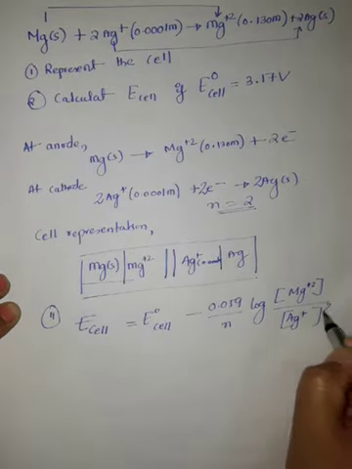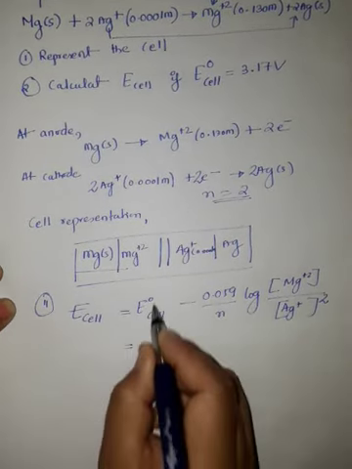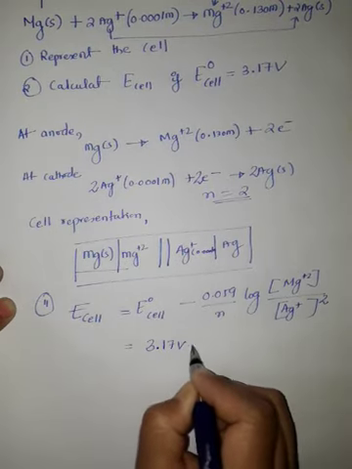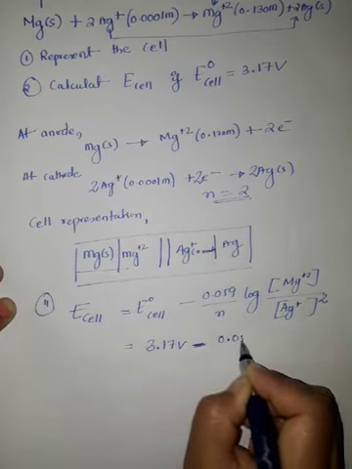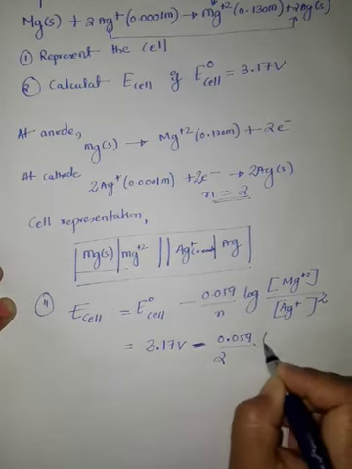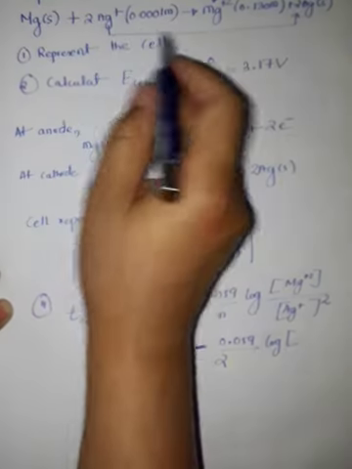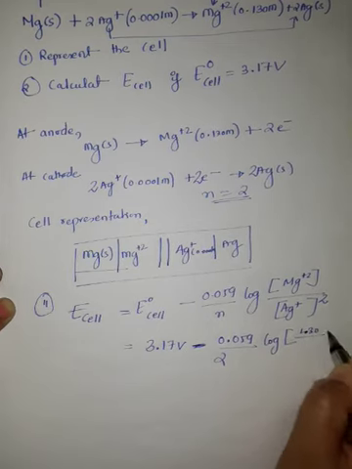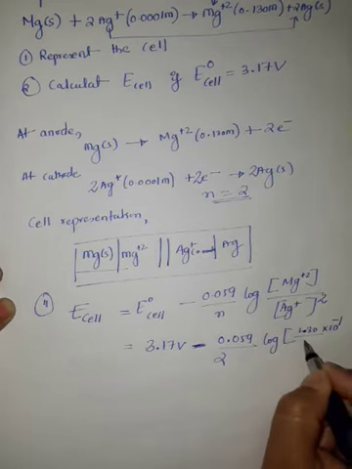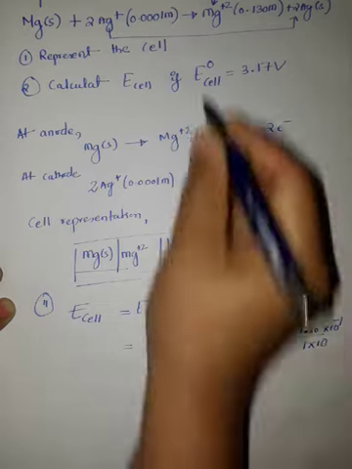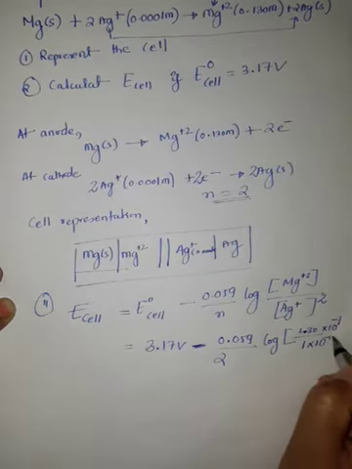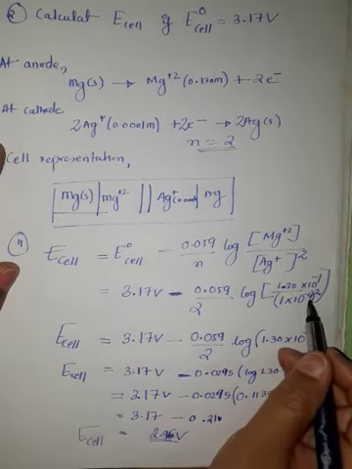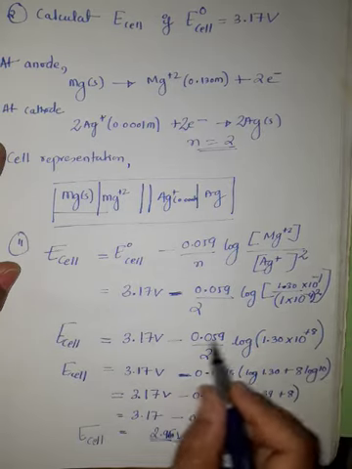You need to take this as the power. So E naught cell is given to you: it is equal to 3.17 volt minus 0.059 divided by n, which is 2, log of concentration of magnesium, which we can write as 1.30 into 10 to the power minus 1, divided by 1 into 10 to the power minus 4, whole square.